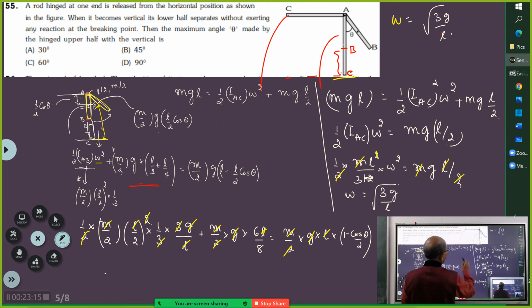Correct. Yes, because this itself is L by 2. So this point is L by 2. Thank you. So this should be 4. So if that is 4, I am only taking L, so I can still remove this. Okay, thank you.